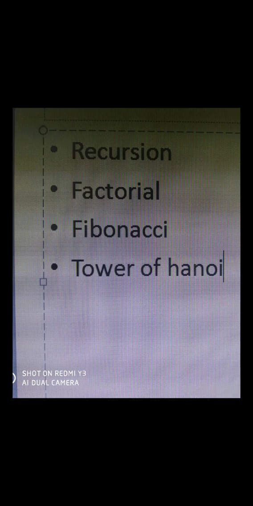If I have two disks, how many moves do I need? First I move the topmost disk from the first peg to the intermediate, next the bottom disk to the destination, then the disk on the intermediate moves to the destination. So I need 3 moves.